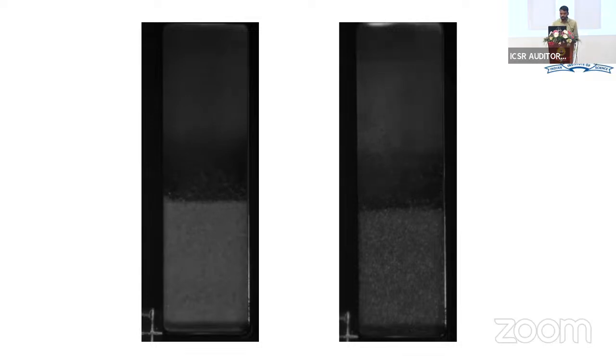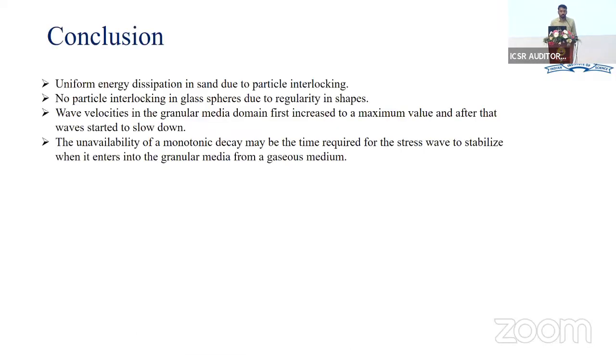After following this, we came to our conclusion that when the granular media is glass bead, the energy will not dissipate irrespective of length or time. But when it is sand, due to the presence of particle interlocking, the intensity of the wave will decay along the length and along the time also.